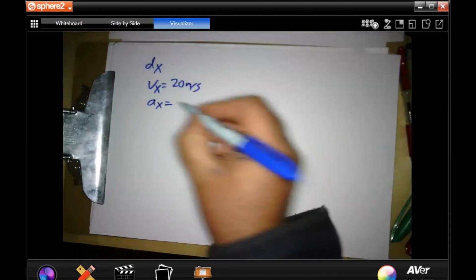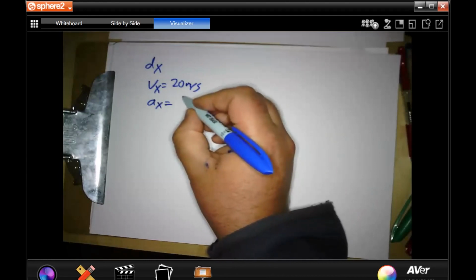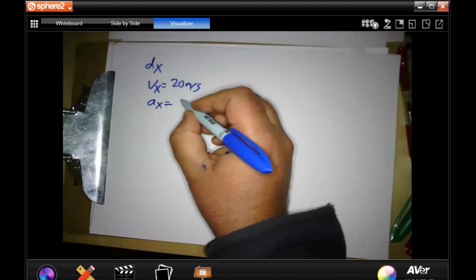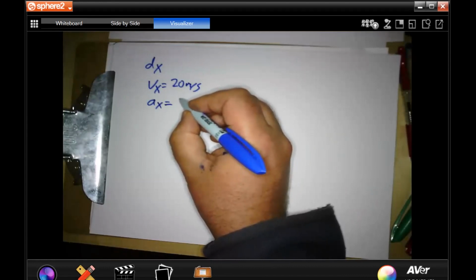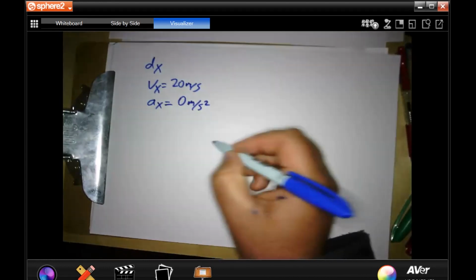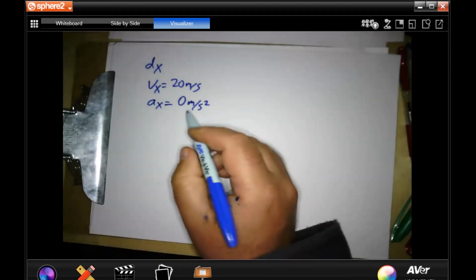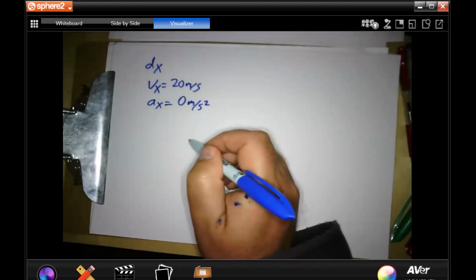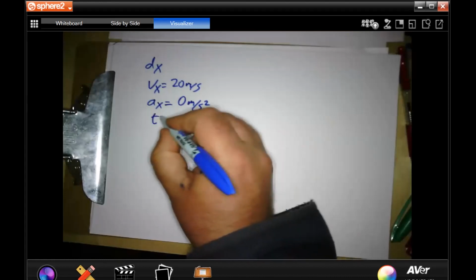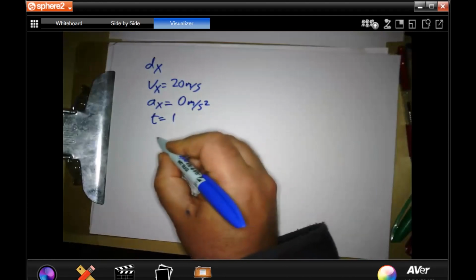The acceleration in the x, this is true whether you're the guys on the trampoline or you're shooting a cannon or you're dropping a ball. If we are going to ignore air resistance, then we can assume that our acceleration in the x after the cannon left the barrel becomes 0 meters per second squared. And again, we're solving this for time equals 1. So we're going to do the exact same equation all over again.